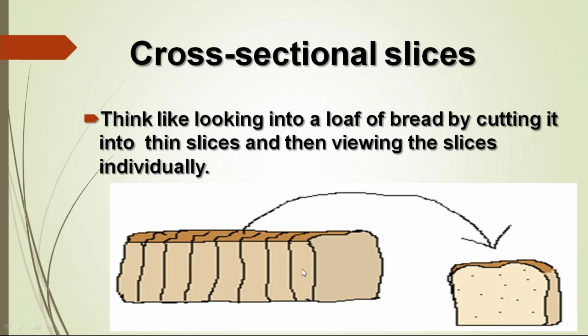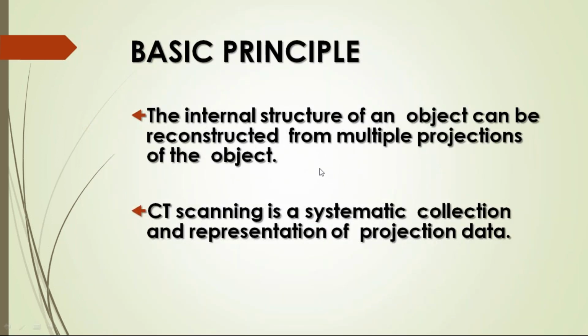Normally we'll take 5 millimeter slices in CT, and sometimes we'll take 3, 2 and 1 also, depending on what we need.